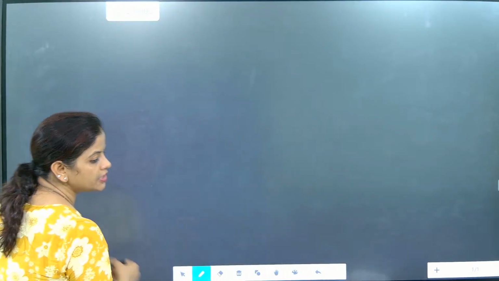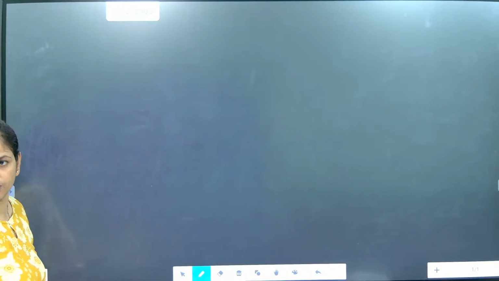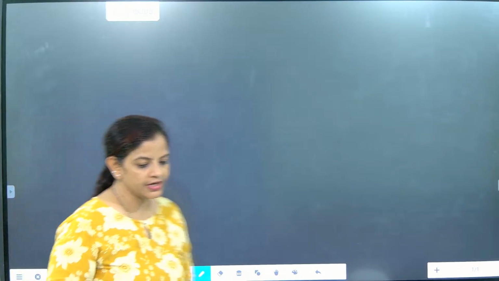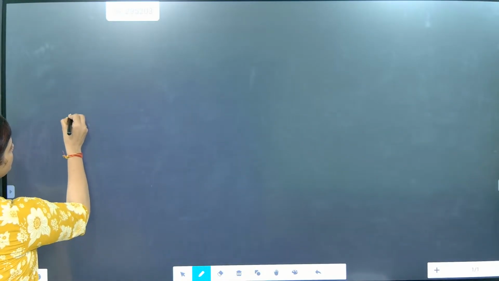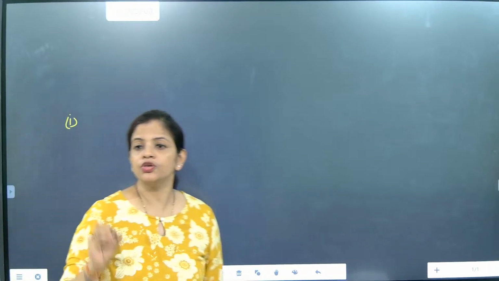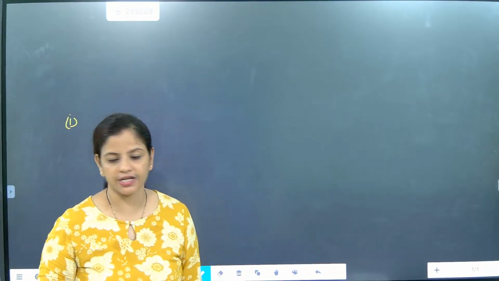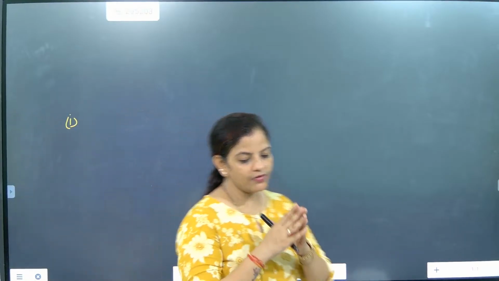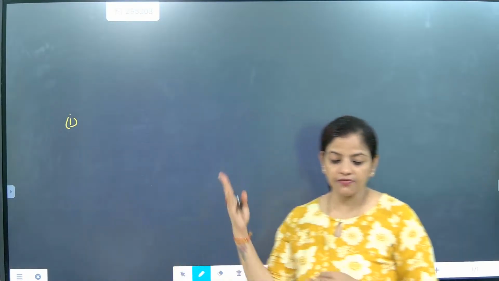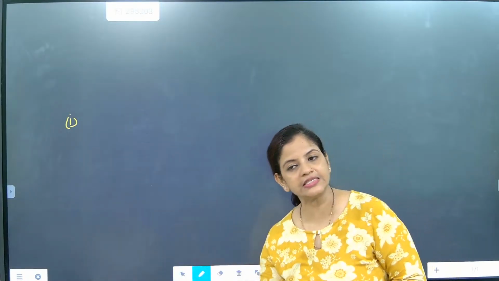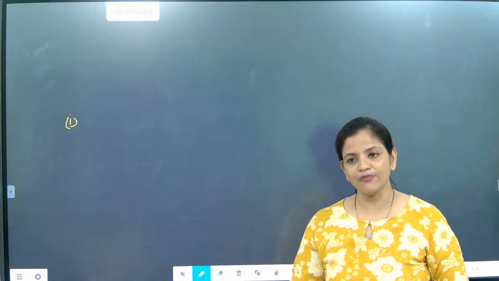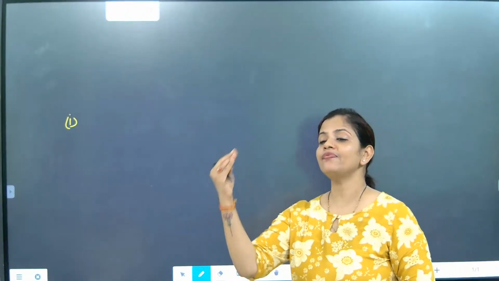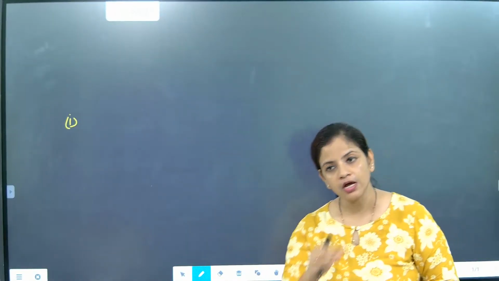Now beta, what is the first part we are going to do for increasing and decreasing function? Whatever question is given to you, you need to first differentiate it. Why? Because whenever we are solving increasing and decreasing functions, we need to know the type of plotting of the graph, whether the graph is coming up or down.